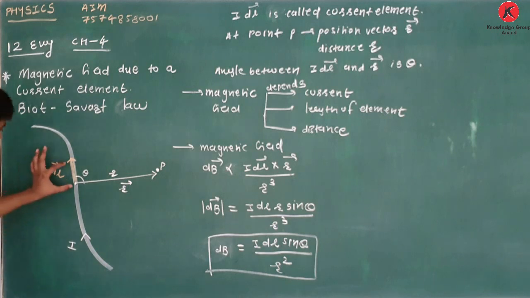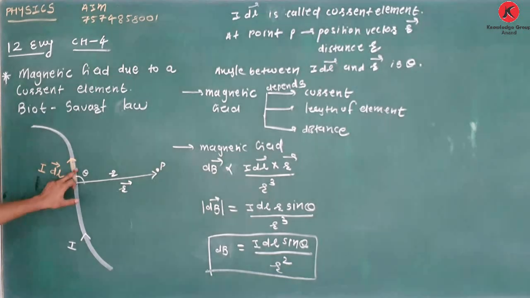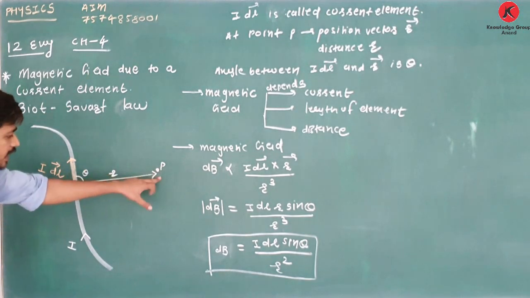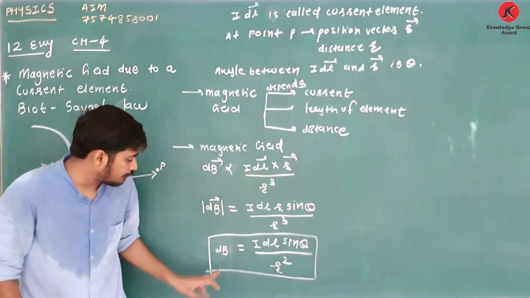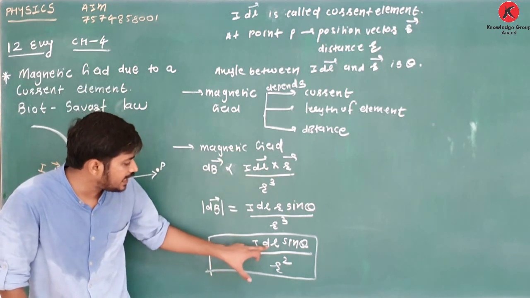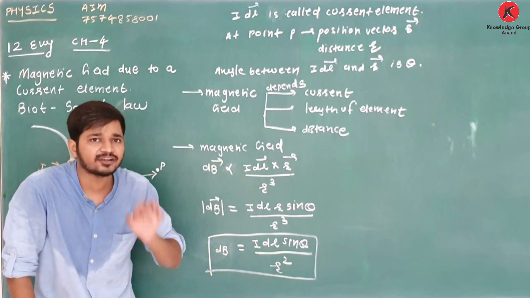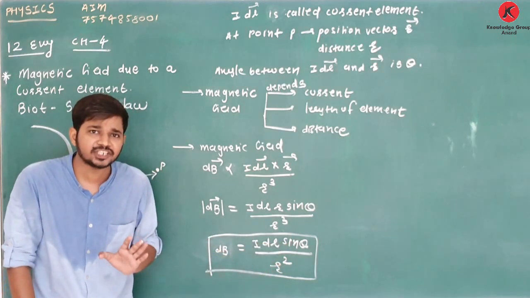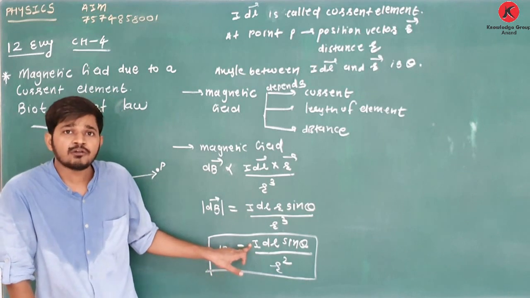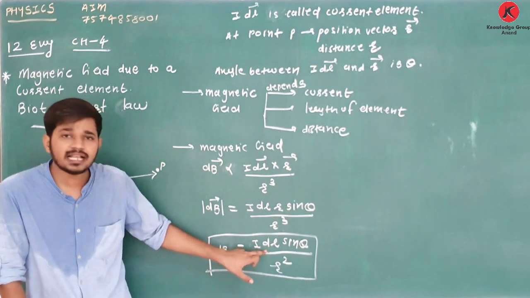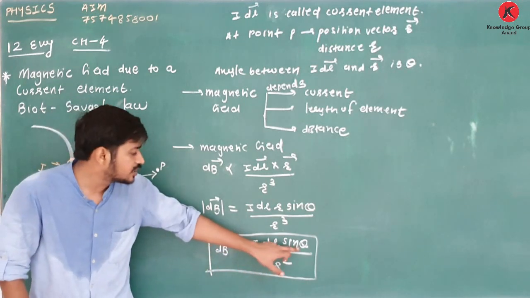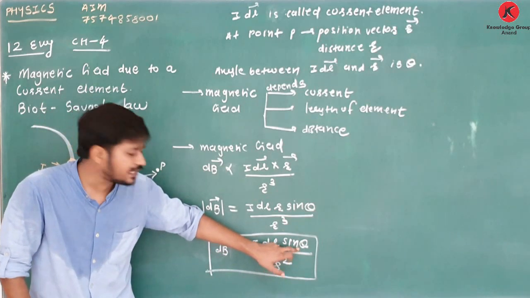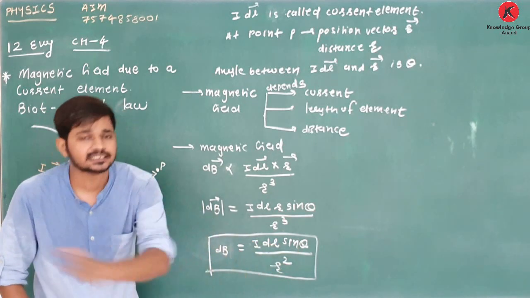If it is one current element having current I and length dl, and it makes angle theta with the position vector, then at this point the magnetic field dB is equal to I dl sin theta upon r squared. Understand each and every term: I is the current flowing through the element, dl is the length of the element, theta is the angle between I dl and r, and r is the distance.